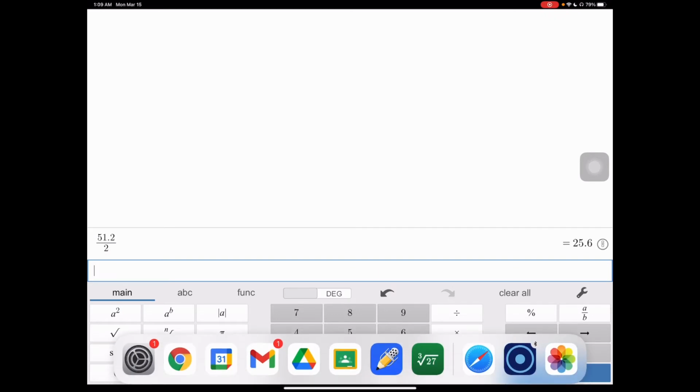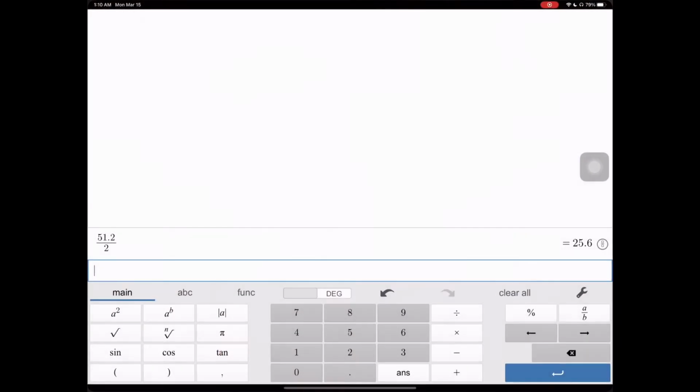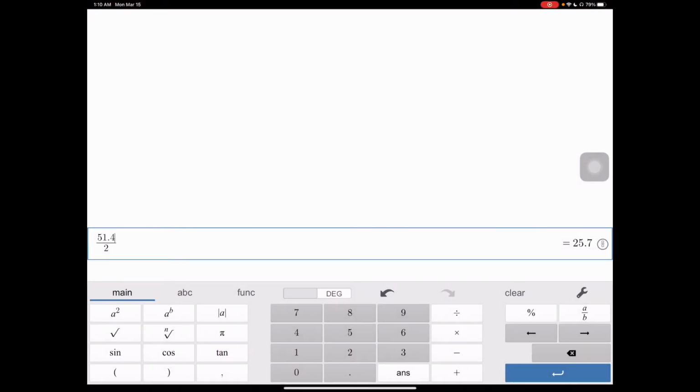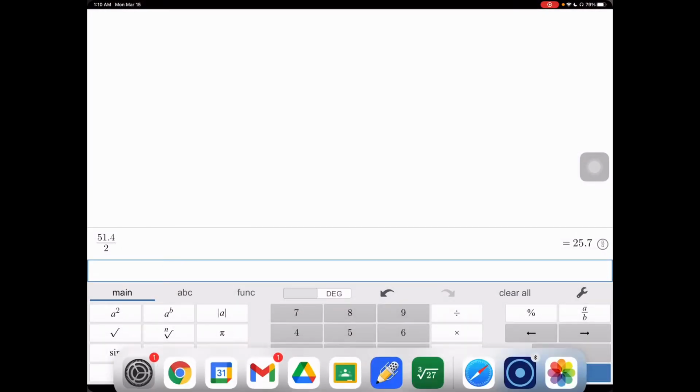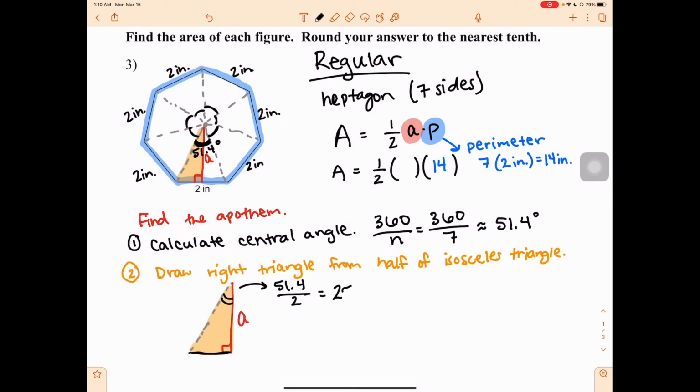Oh, I'm sorry, that's my bad. It would be so helpful to have it split screen. 51.4 divided by 2 is 25.7 degrees. All right, so that is how much this little angle is here, 25.7 degrees.